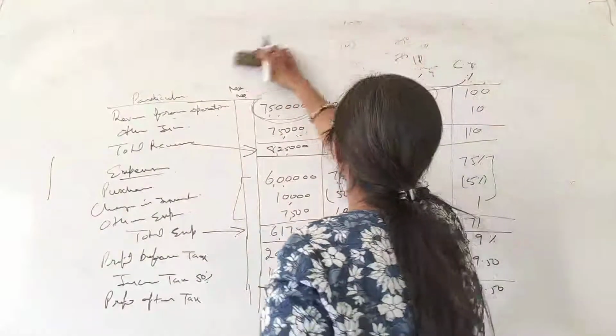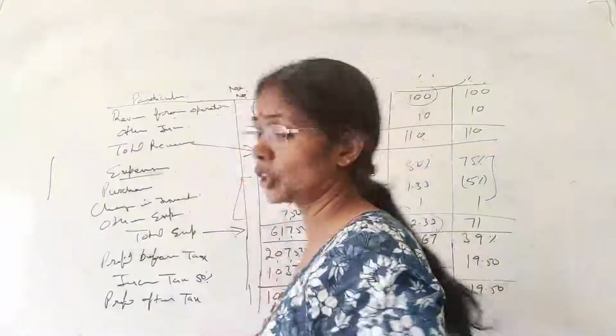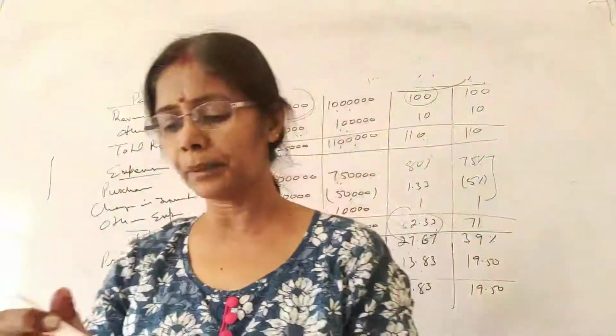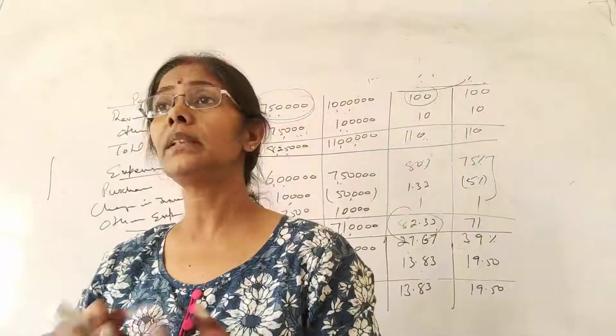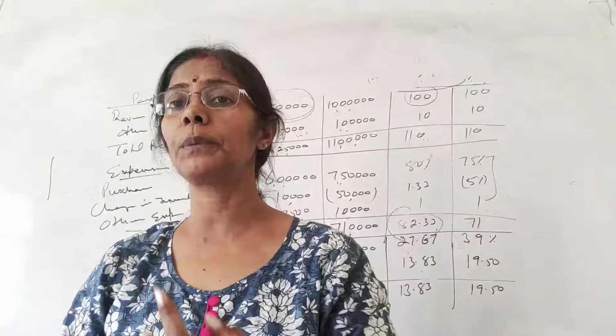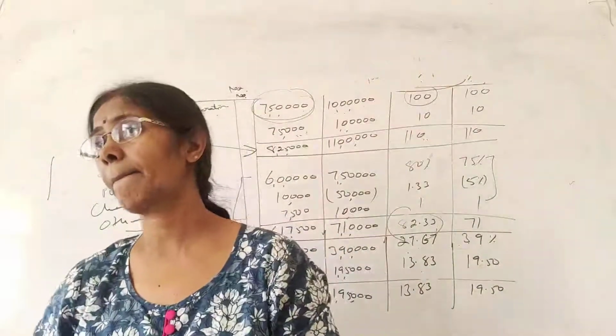So which important points are there of this chapter, students? Before I wind up, let us rewind these points. What are the important points of this chapter which you have to keep in your mind while doing the questions?